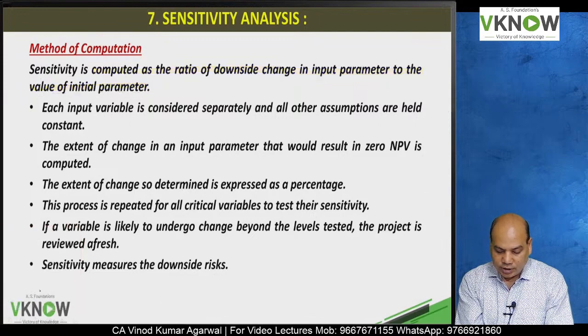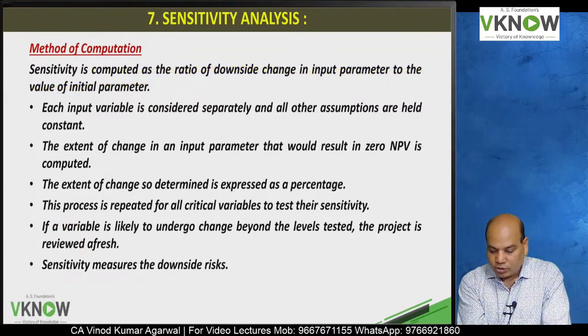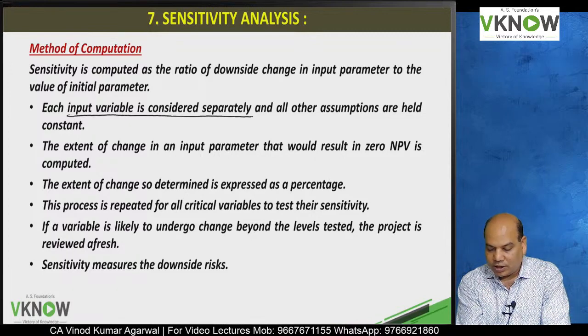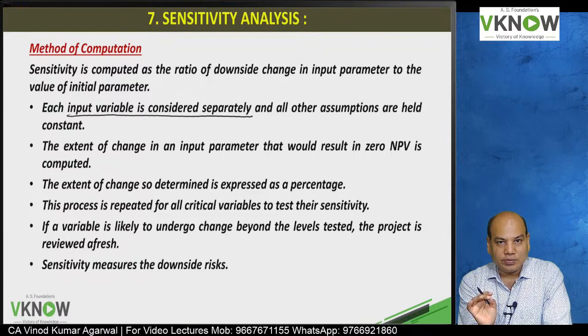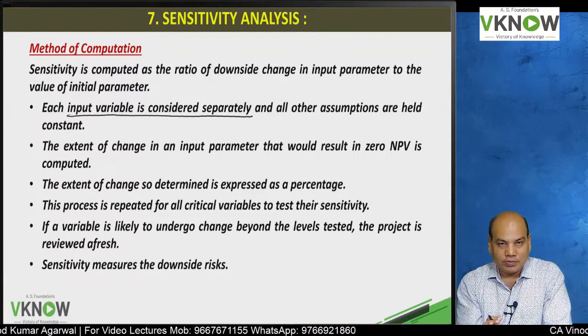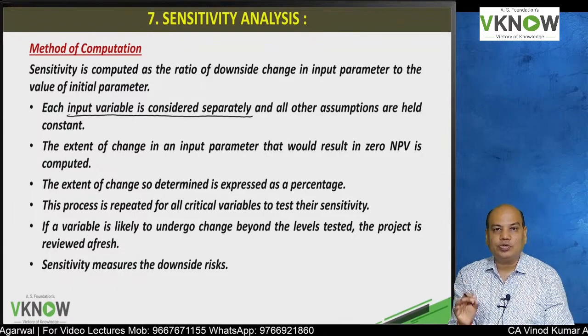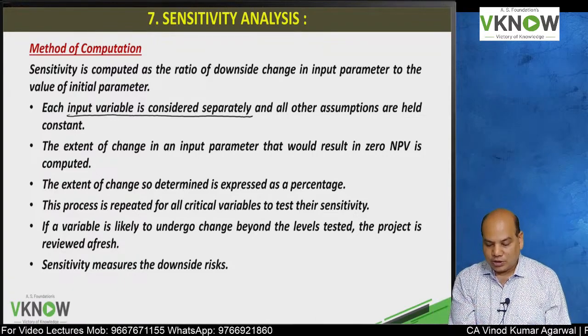In sensitivity analysis, one of the drawbacks is that we are going to test one variable at a time. If I am testing the sales quantity for sensitivity, all other variables will be held constant. That means they will be assumed not to change. Only one variable will change at a time.